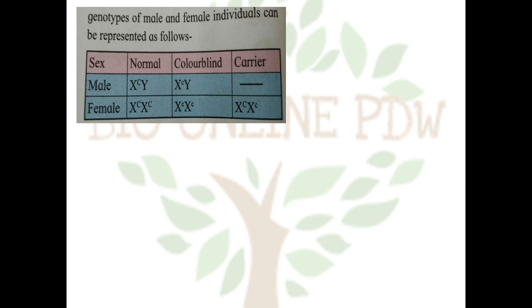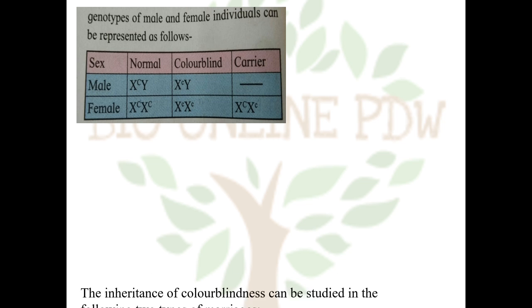A female which has normal vision has genotype X capital C X capital C. Those who are colorblind show the X-linked recessive gene on both the chromosomes, hence they have genotype X small c X small c. And the carrier female, who is phenotypically normal but has the gene on one of her X chromosomes, is represented by genotype X capital C X small c.